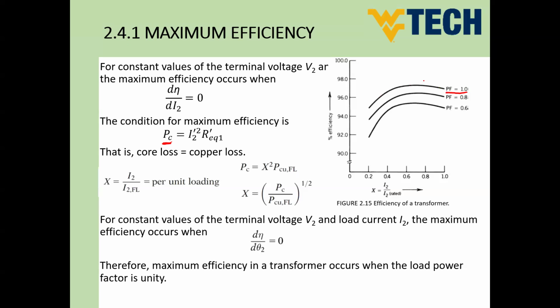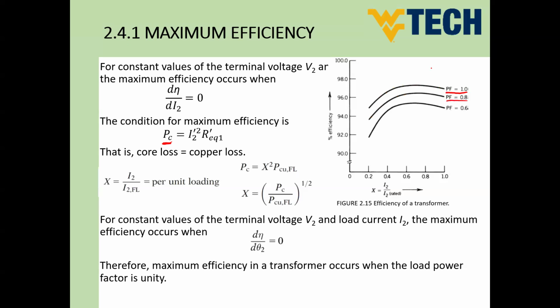But I can say now, like another definition, we have global and local. So global maximum efficiency will happen at unity power factor. But local maximum efficiency of this curve can be calculated, so you can get the value of X in this loading condition of 0.8. Okay, guys?